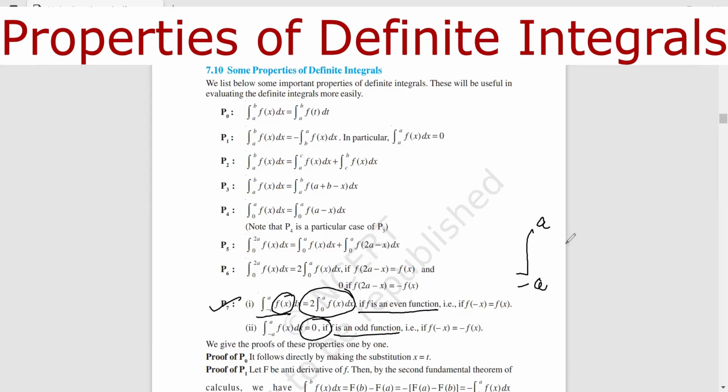Suppose I have f(x) as sin square x, okay? And what I am doing, I am finding f of minus x. I am replacing x with minus x in my function.